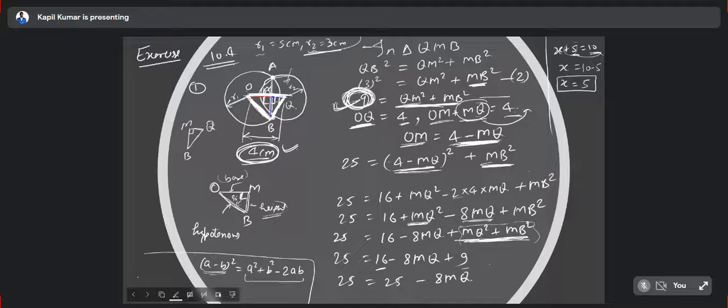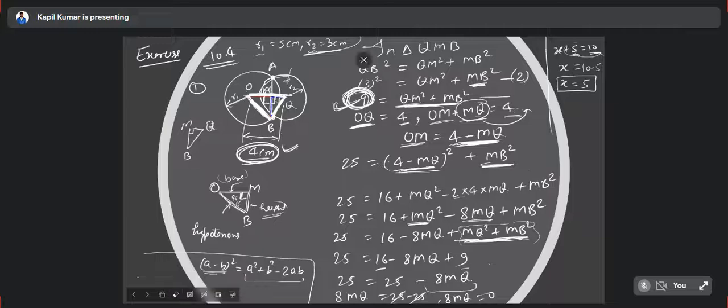So if we take this 8 MQ this side, it will become plus 8 MQ, and if we take this 25 this side, it will become 25 minus 25. So 25 will cancel out 25, and 8 MQ will become 0.